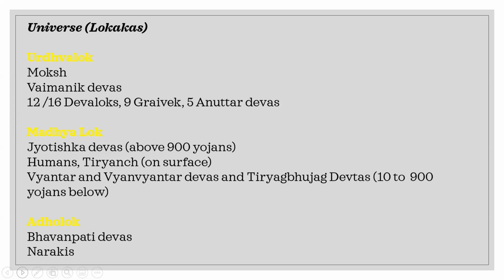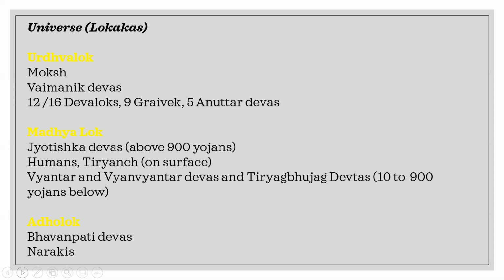So all these Jyotish Devtas in the Adi Dvip rotate around the Meru Parvat. And in the Adi Dvip, we have got 132 suns, that is Suryas, and 132 Chandras. And outside the Adi Dvip, there are Asankhya, countless suns and moons, but they are all stationary. They do not rotate around the Meru Parvat. So this is the basic structure we were talking about last time.